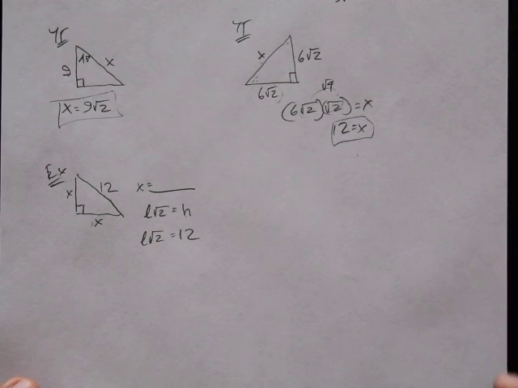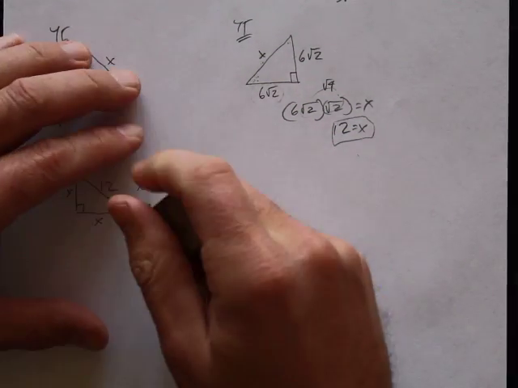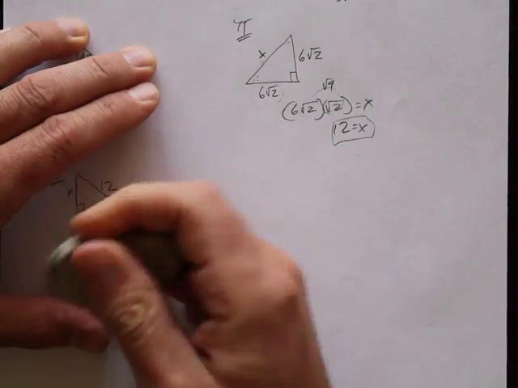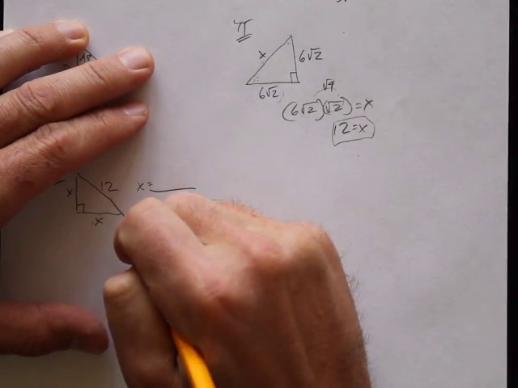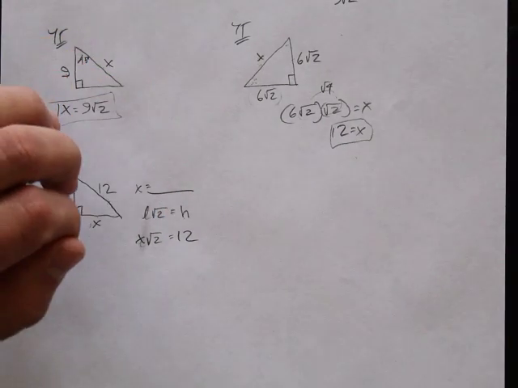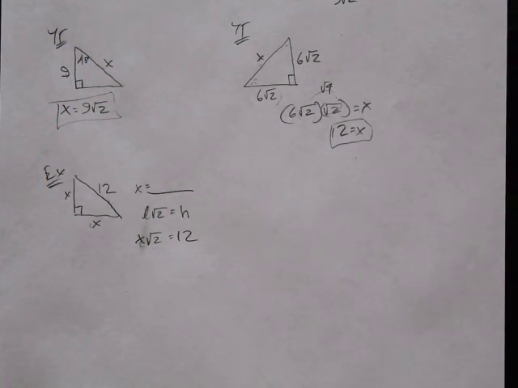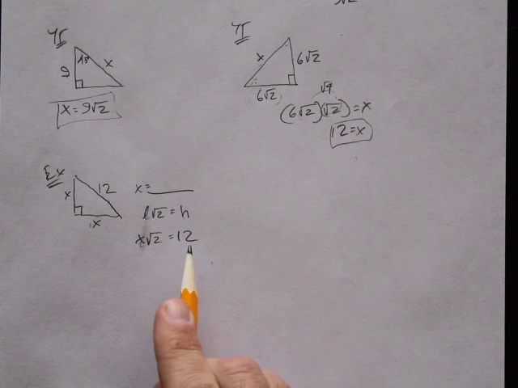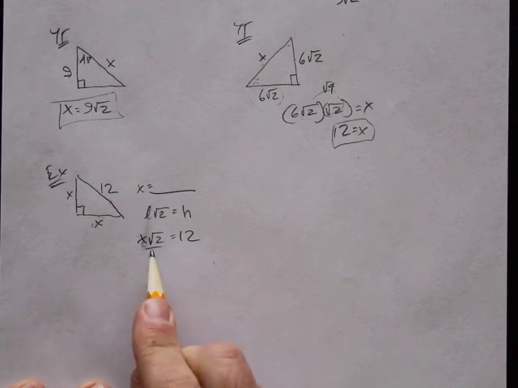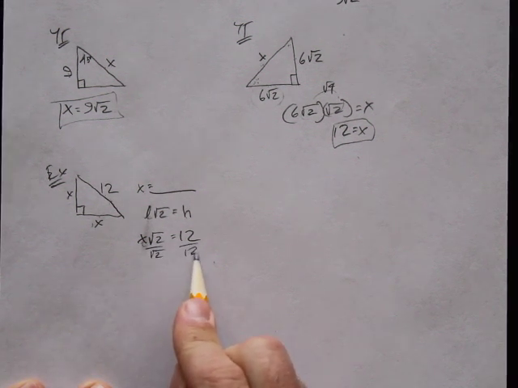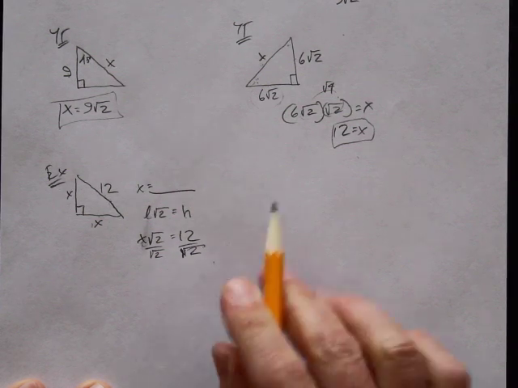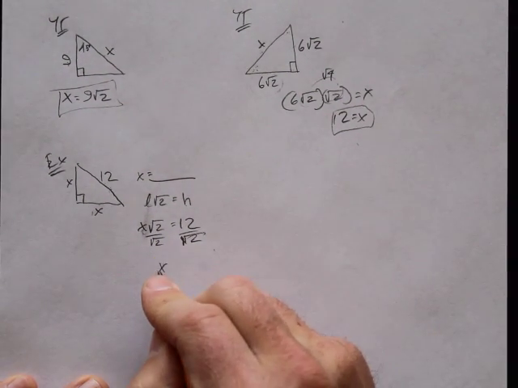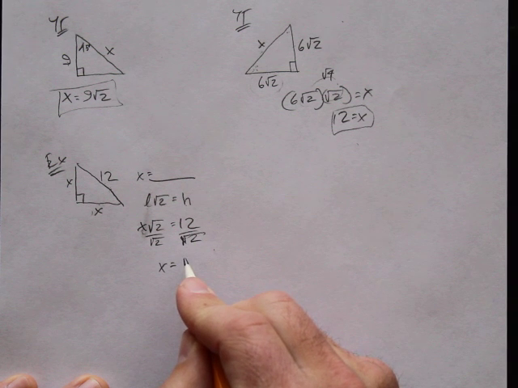And I know my length is x, so I'm going to switch out my L for x, because the side length is x. Now, in order to get x by itself, I've got to divide both sides by the square root of 2. And so x equals 12 over the square root of 2.